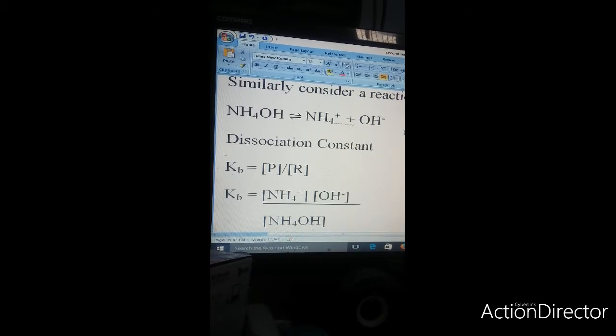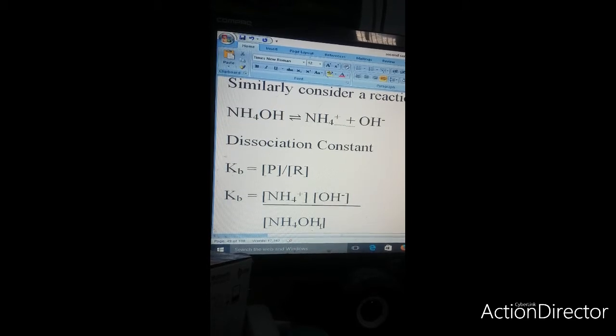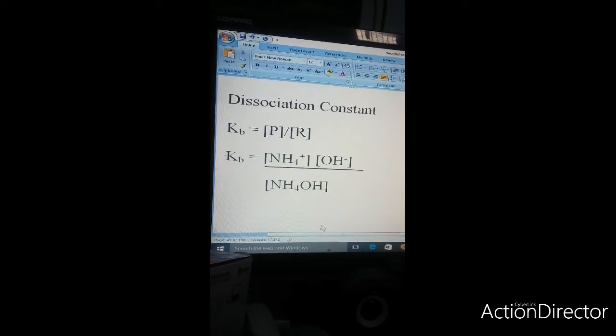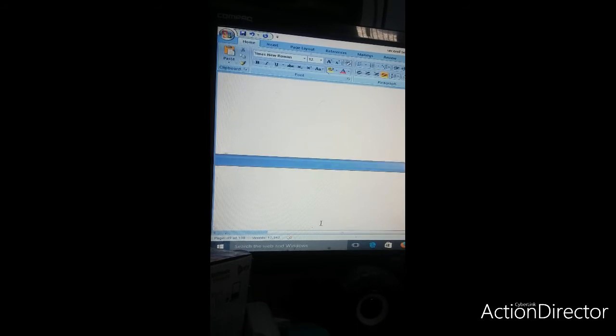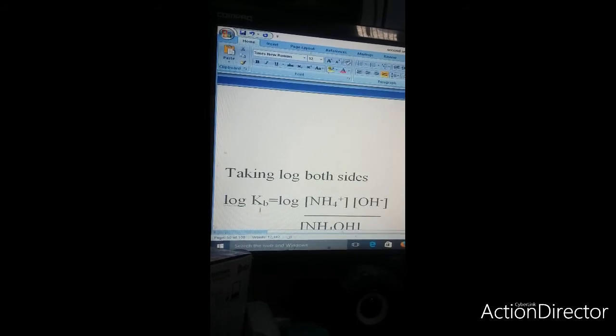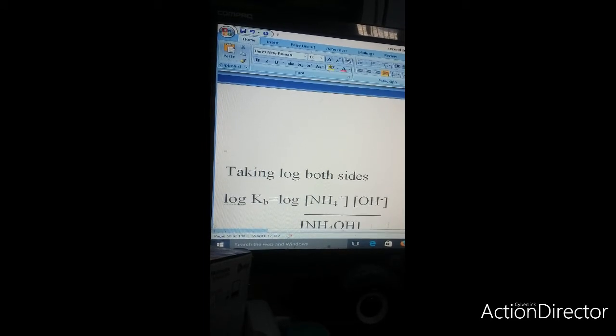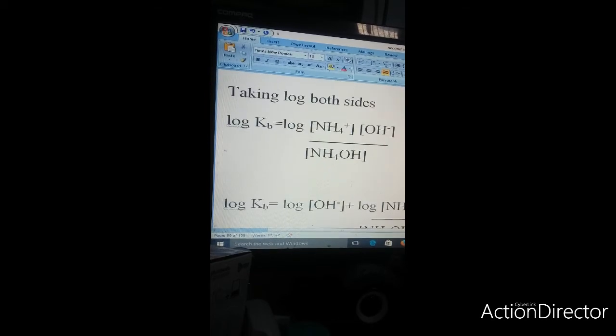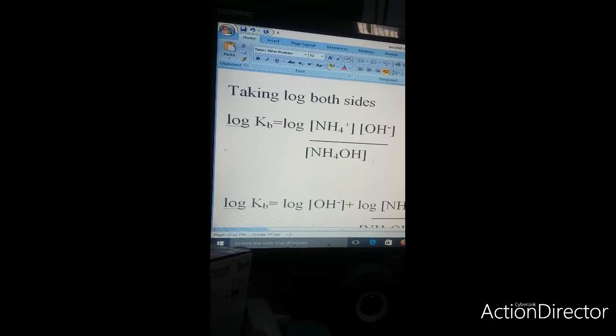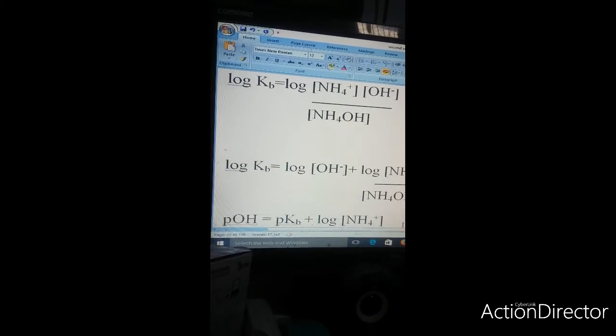The products are ammonium ion and hydroxyl ion, upon the reactant NH4OH. Take log on both sides, so that will be log of Kb is equal to log of this whole. On rearrangement, log of Kb is equal to log of OH, plus log of ammonium ions upon NH4OH.